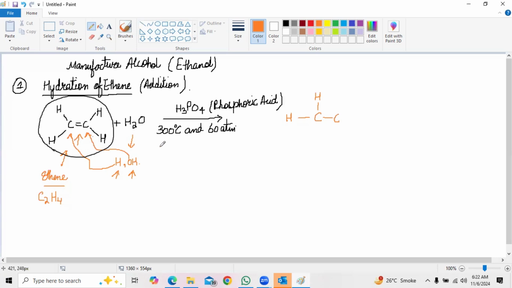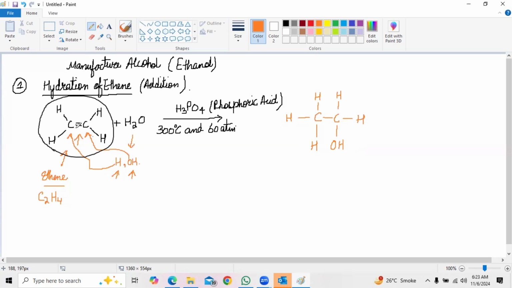Okay. So let's see what is going to happen. Hydrogen comes here. You can see this hydrogen would move here. Double bond is converted into single bond. There is one hydrogen that comes here, and the other hydrogen is here, and the OH group will be attached here. Okay.